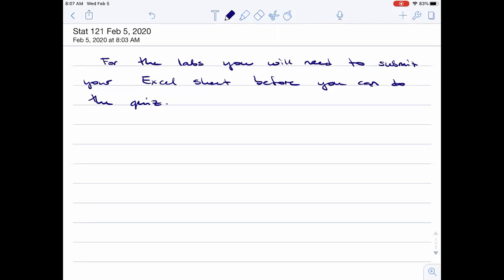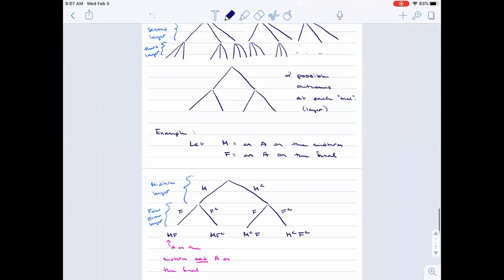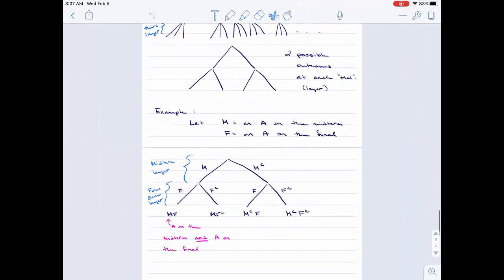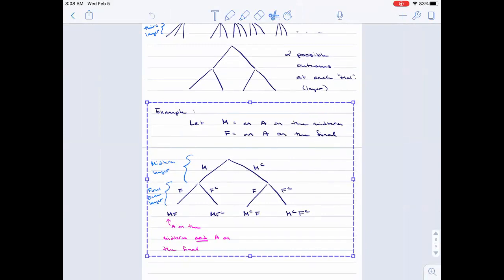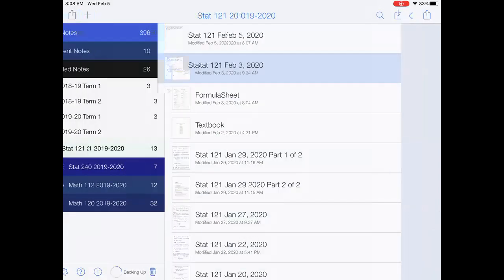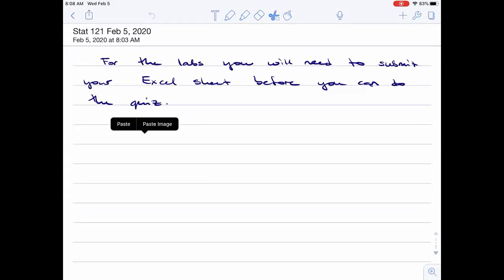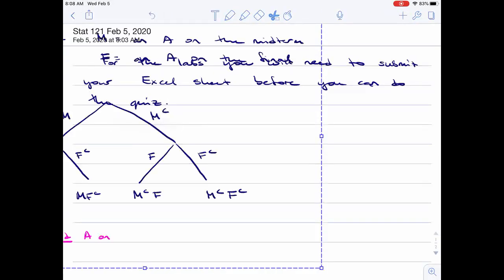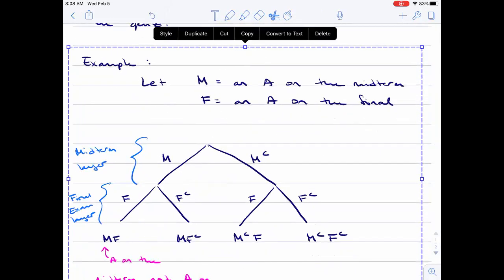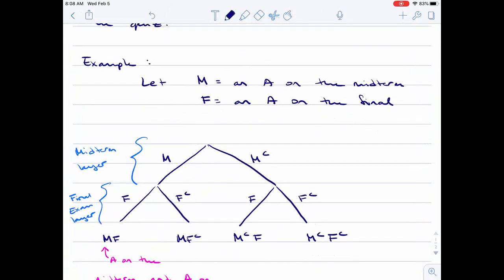So how about we just keep going with what we were working on last day, right? Because you've got it in your notes, so may as well save ourselves some time here. Example continued from last day.